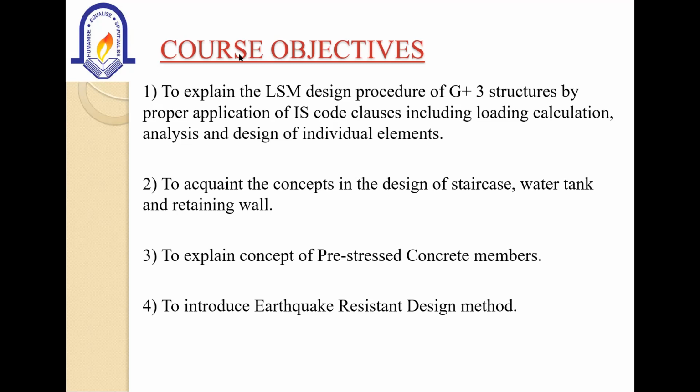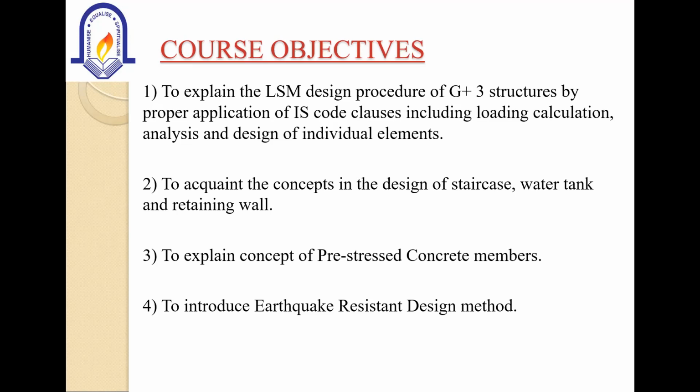There are 5 to 6 main course objectives for DDRCS. The first course objective is to explain the LSM design procedure of a G+3 structure by proper application of the IS code clauses, including loading calculation, analysis and the design of the individual elements. So this particular course objective is for the design procedure of the G+3 structure.